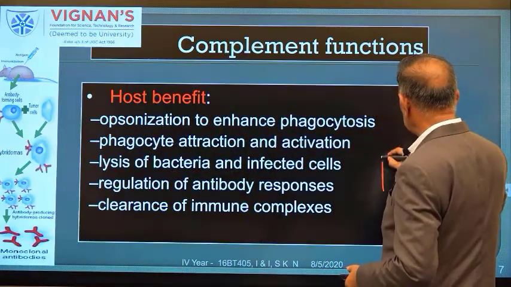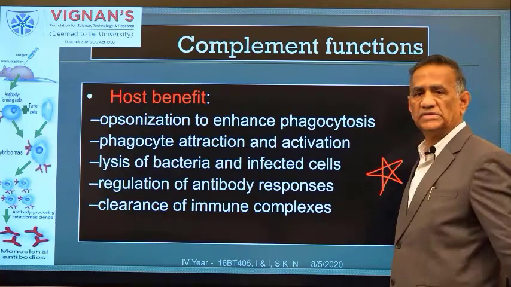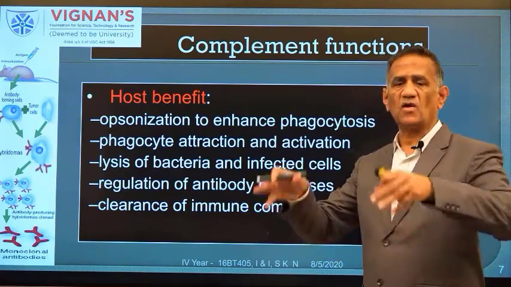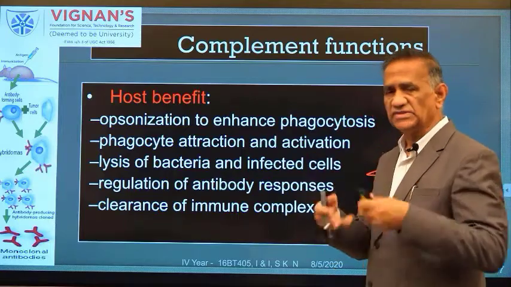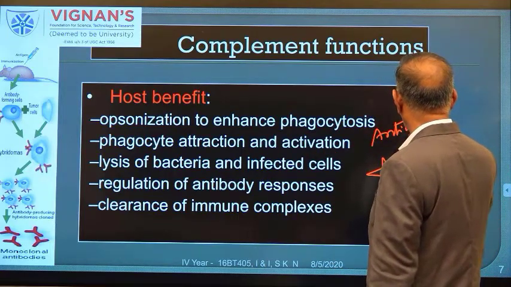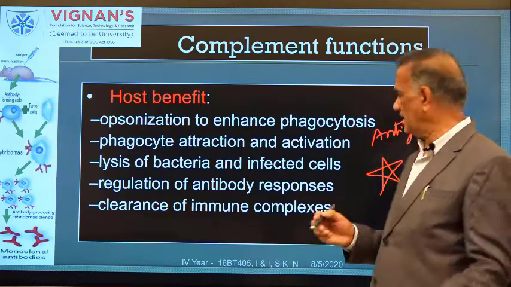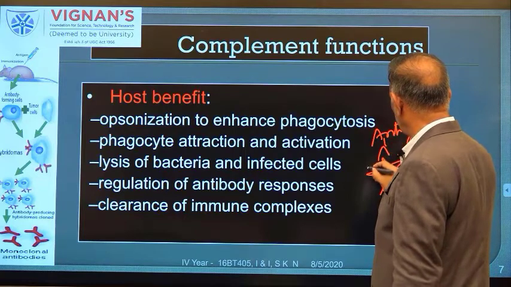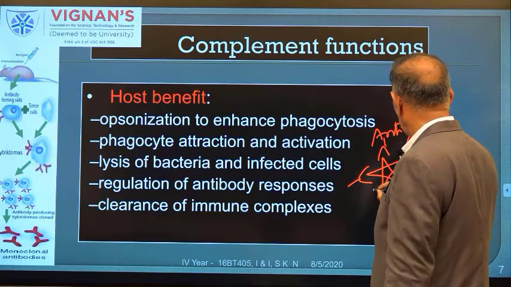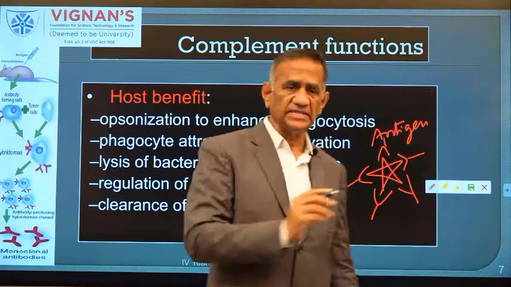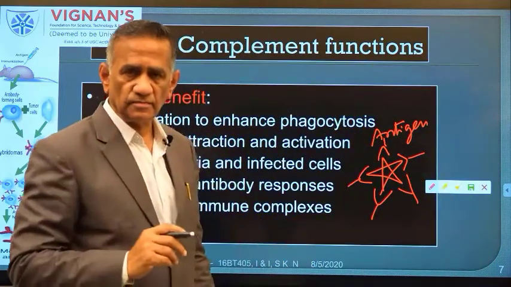Let us say this is an antibody. Why am I showing the antibody as a star? Because antibodies are folded, proteins are folded, antigens are folded. This is an antigen. Once there is an antigen, an immunoglobulin is developed for this antigen. In the center there is an antigen shown as a star shape.